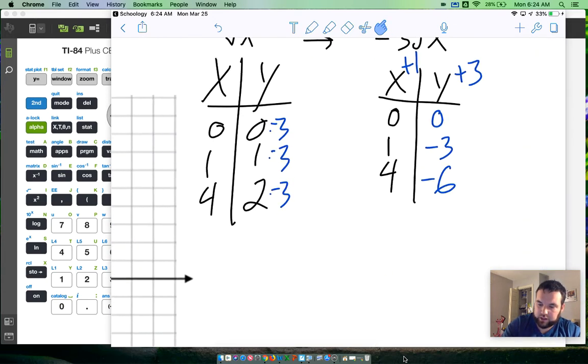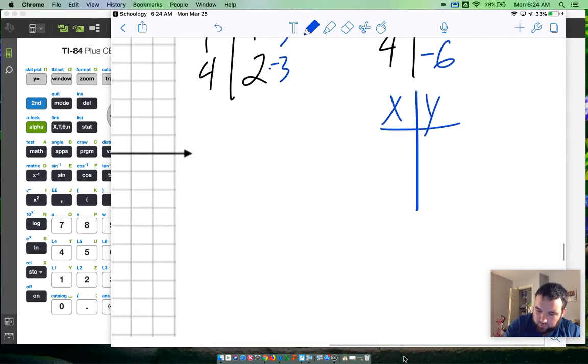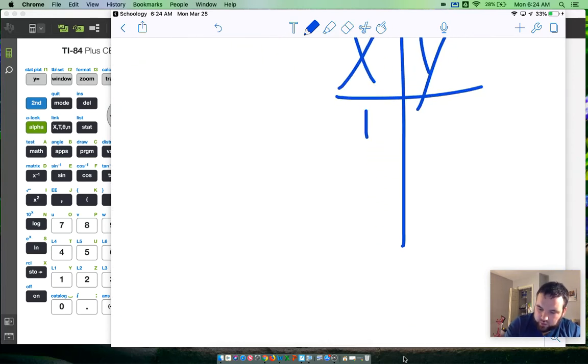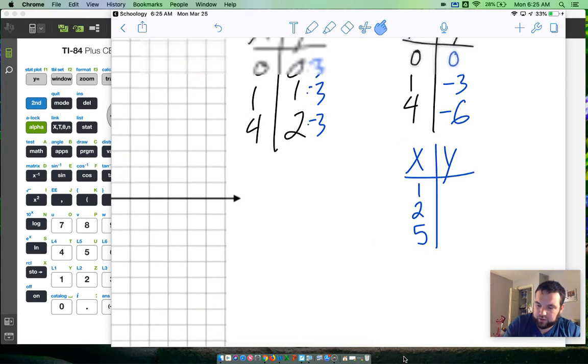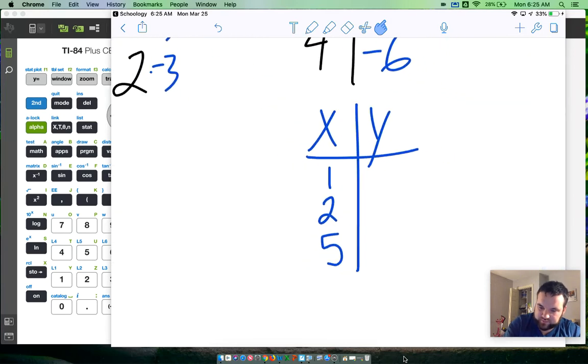Okay, and that'll give me my new set of XY values. So adding 1, instead of 0, 1, and 4 now, I'm going to use 1, 2, and 5. Okay. And then I'm going to add 3 to all my Y coordinates. So instead of 0, it's going to be 3. Negative 3 turns to 0, and negative 6 turns to negative 3.